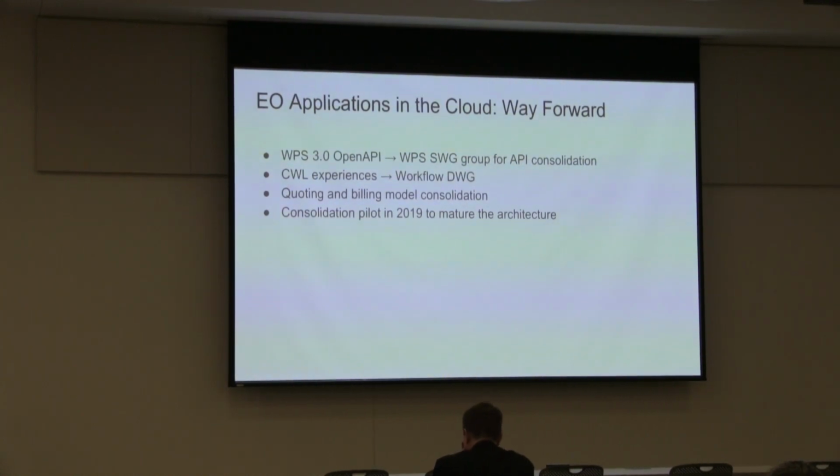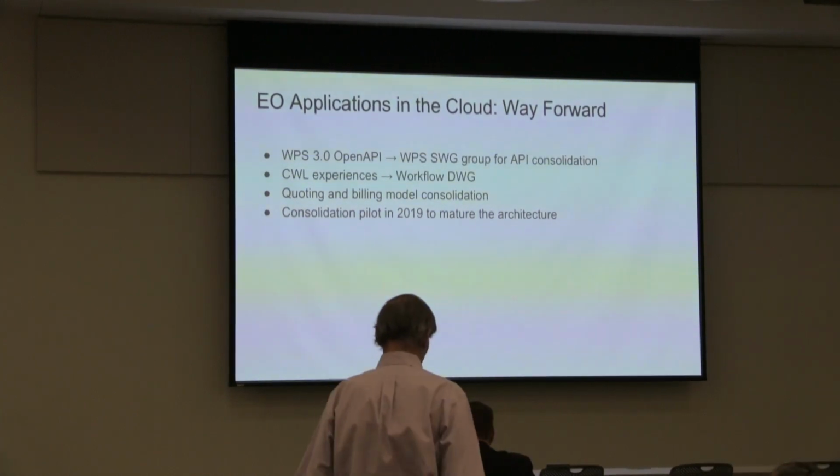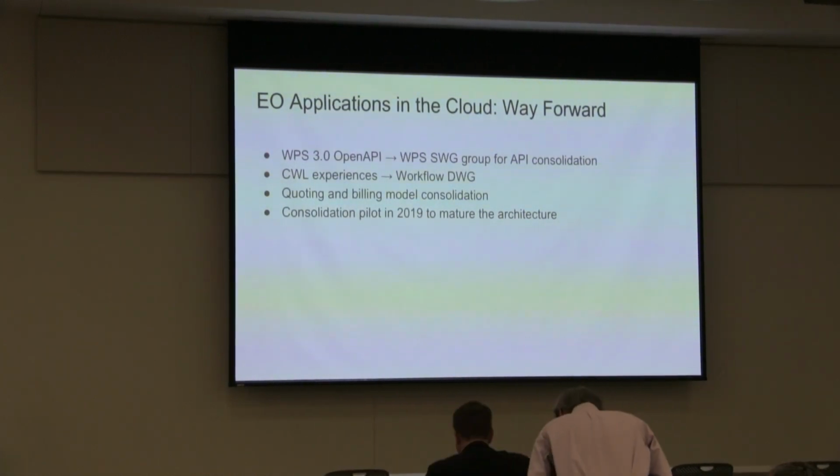There is also this model that was started for the quotation and billing model. Maybe this is something that can get more formalized within OGC. Maybe also in relation with the distributed ledgers work. And why not have a consolidation pilot, which I think is underway for 2019, to mature better the architecture and the work that was done in Testbed 14.